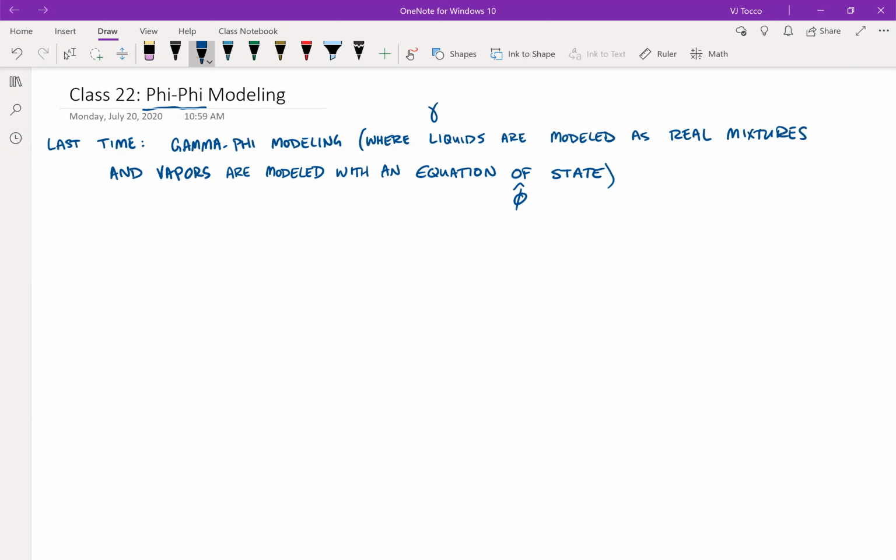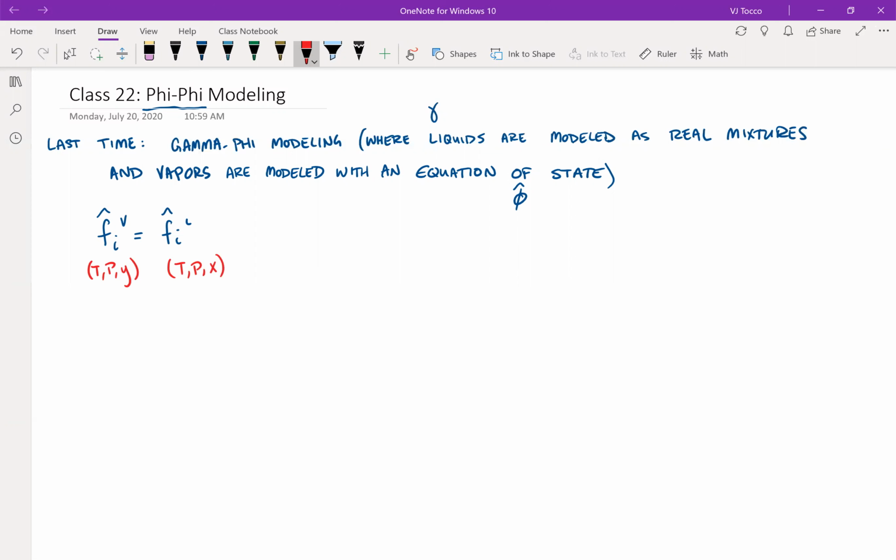So we'll start, as we always do or always should, by writing my equilibrium criterion: that the mixture fugacities of a given component are equal in the vapor and liquid phases. And if I wanted to write the functionality of this, I would say that the fugacity of the vapor phase is a function of temperature, pressure, and vapor phase composition, while the fugacity of the liquid is a function of temperature, pressure, and liquid phase composition.